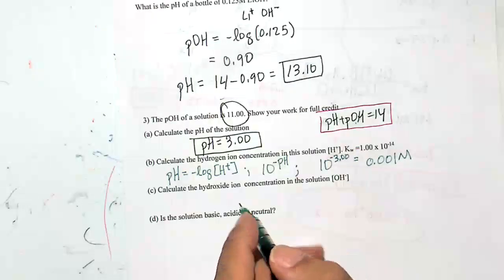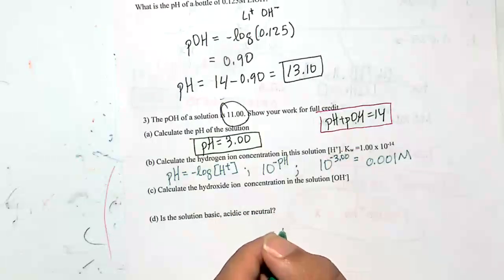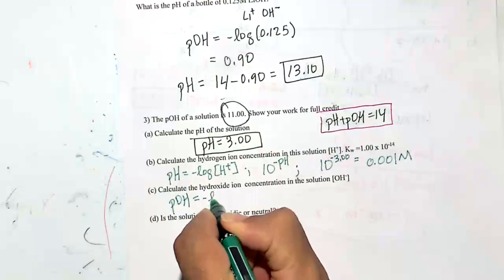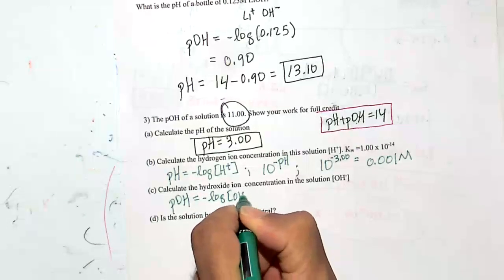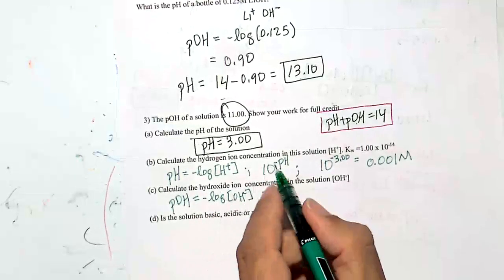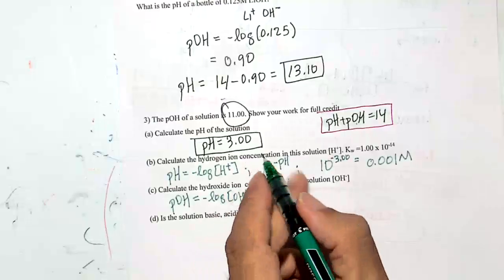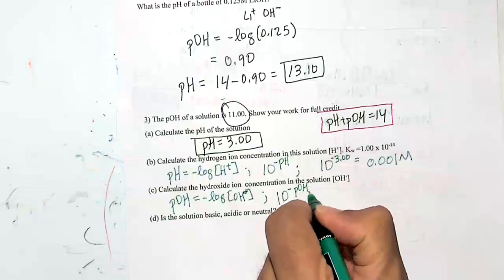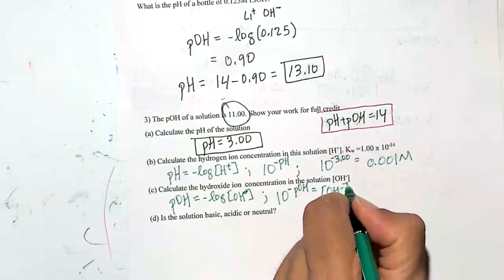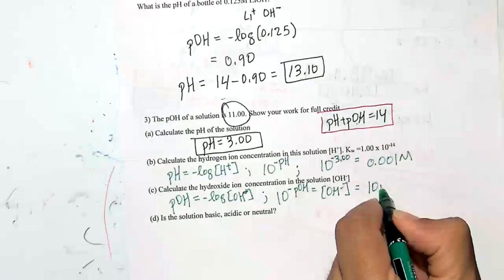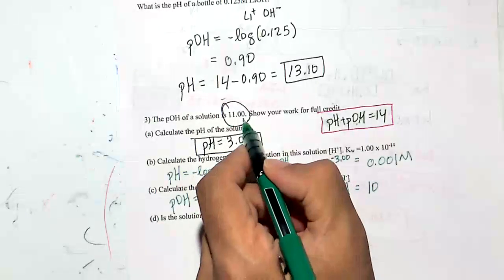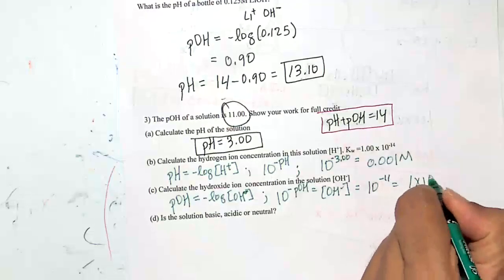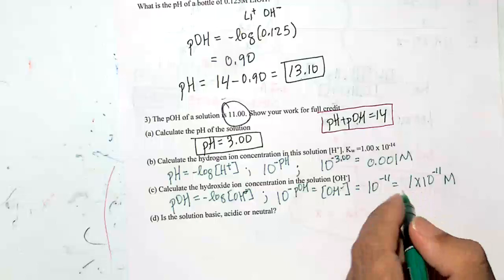Calculate the hydroxide ion concentration in this solution. How will we do that? There are two ways we can do that. pOH is minus the log of the OH- concentration, so we're going to back calculate it. 10 to the power of minus pOH is equal to the OH-, and that is 10 to the power of minus 11, which is 1 times 10 to the power of minus 11 molar.